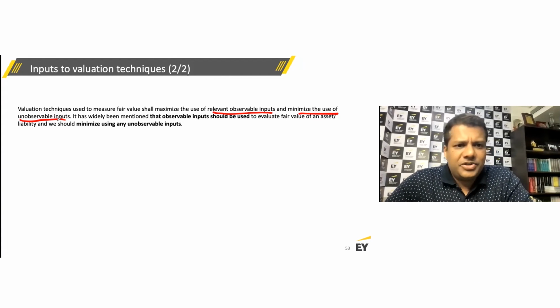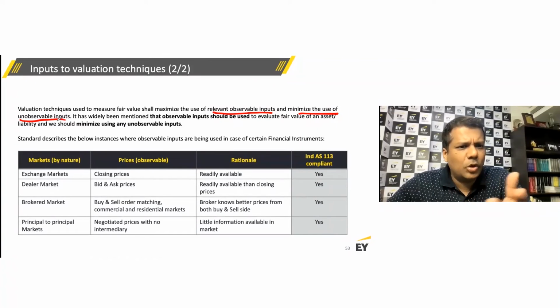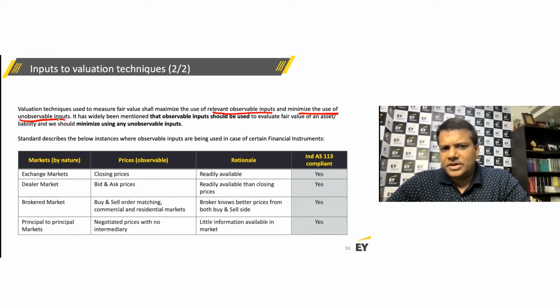The standard describes instances where observable inputs are used for certain financial instruments: exchange rates, closing prices, the readily available dealer market with bid and ask, the brokered market with buy and sell order matching, and commercial and residential markets. In all these cases, you try to use observable inputs.